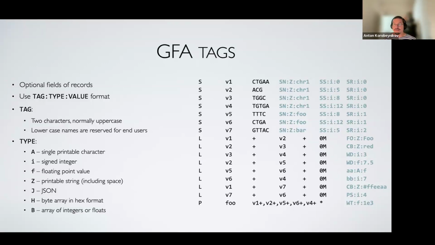An important thing, and I would say a very, very brilliant thing that was added, is the set of tags. So each record could have an arbitrary number of optional fields. These fields are called tags, and they always come last, after the required fields, because they are optional.